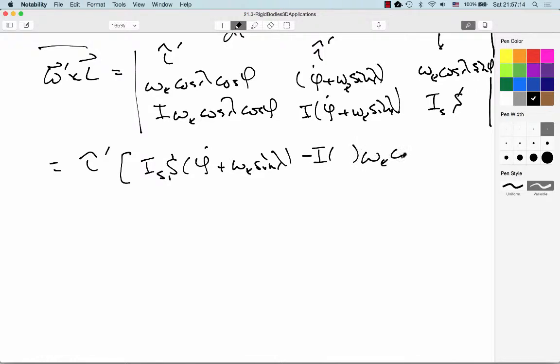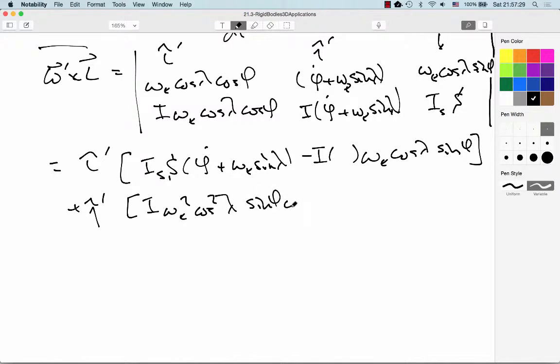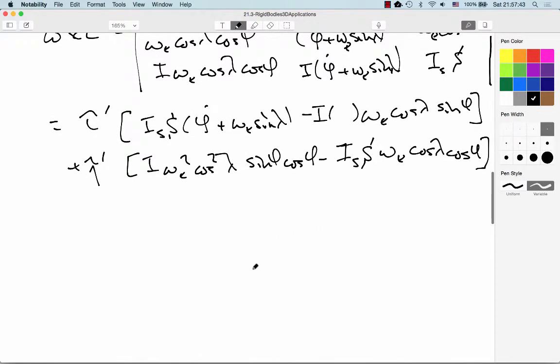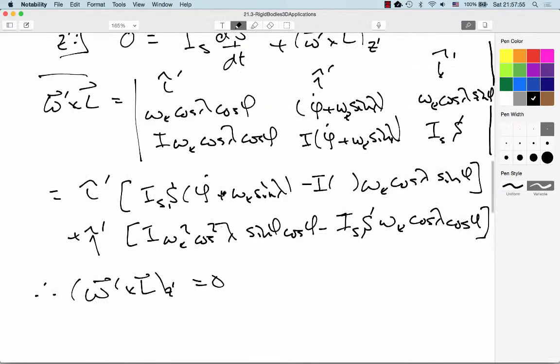Then we pick up an omega E cos lambda sine phi plus j prime, and this will be I omega E squared cos squared lambda sine phi cos phi minus I_s s omega E cos lambda cos phi. And then the last term is just 0. So there is no k prime term. So that immediately allows us to conclude that omega prime cross L sub z prime is equal to 0.